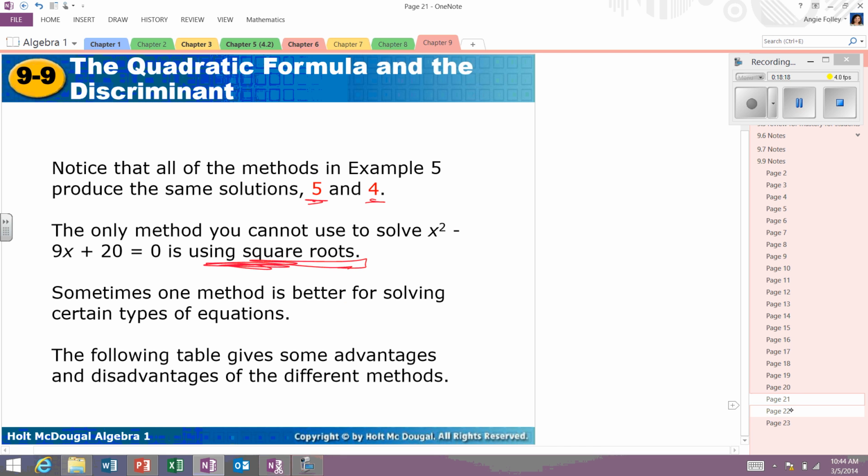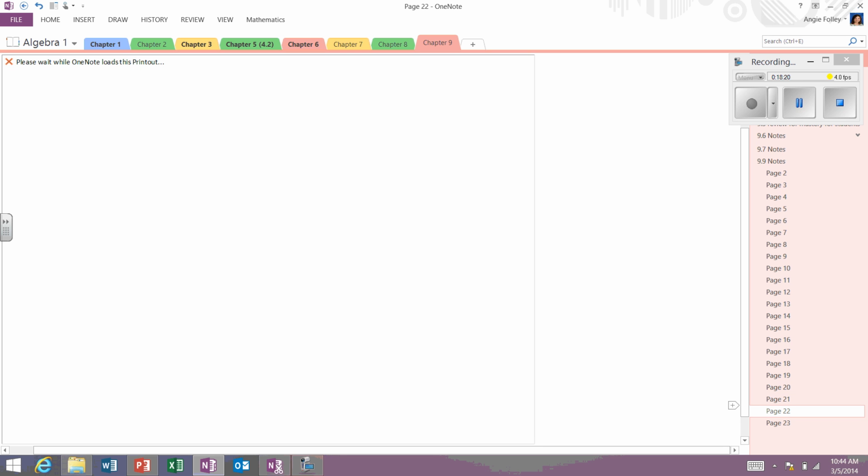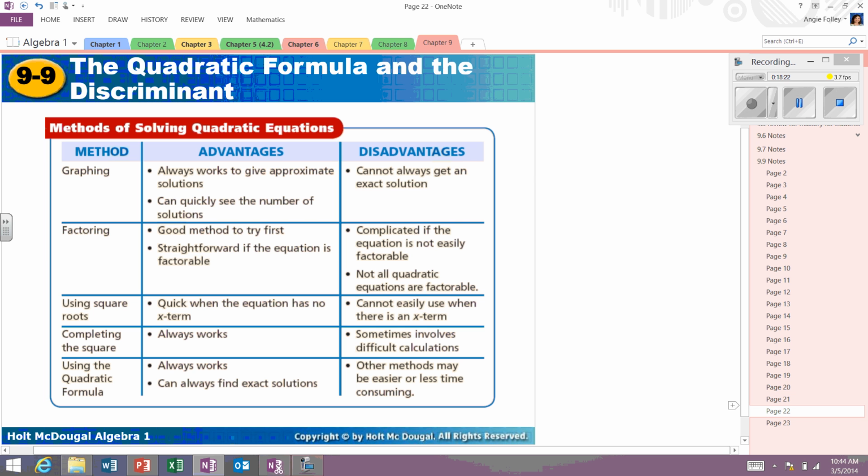This last table gives you a summary of some ways we've looked at solving. Graphing always will work, but it really only gives you approximations unless you know exactly where you graphed it. Factoring, I usually start with, because that's faster for me and it's straightforward if the equation is factorable.